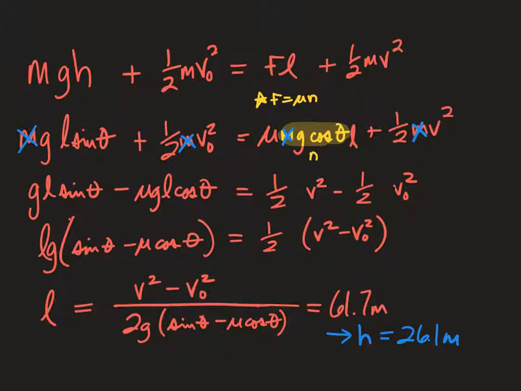Okay, so we want everybody to have the opportunity to leave the ramp at the same speed. All things being equal, if they have good form, et cetera, then they'll attain a maximum energy at the bottom of the ramp.